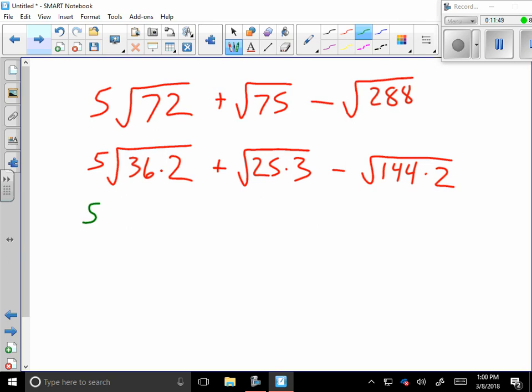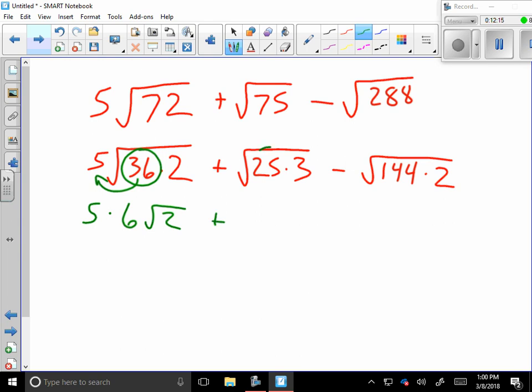So this is 5. And I'm going to skip a step. Square root of 36 is 6. So this becomes that. The 36 gets broken out from underneath the radical as its square root. The 36 is 6 squared. So the square on the 6 and the square root cancel each other out. And I need to multiply those things together.